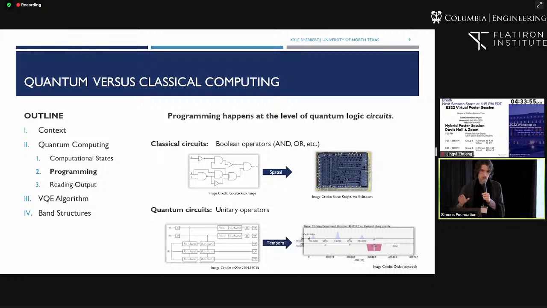Now we can think of the same exact thing in the quantum circuits. I'm afraid the picture is smaller than I realized, so you probably can't see anything.